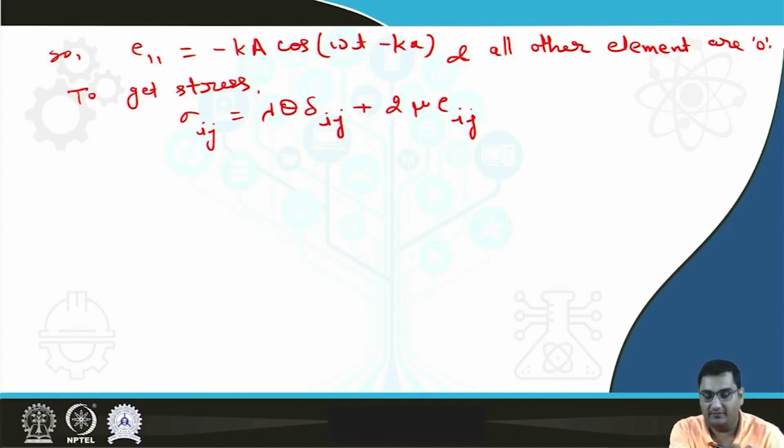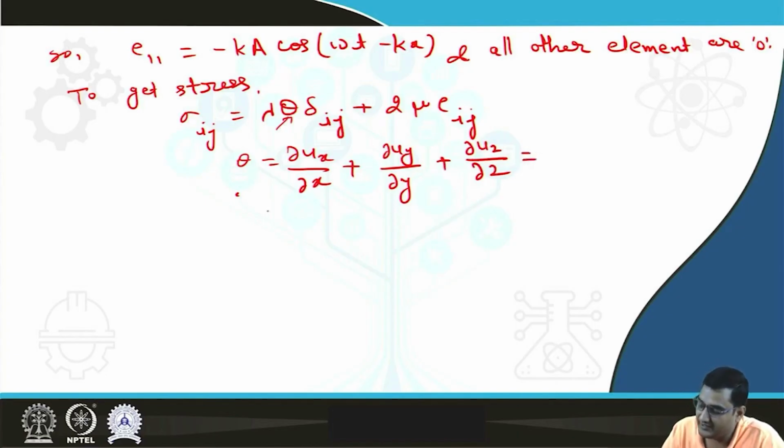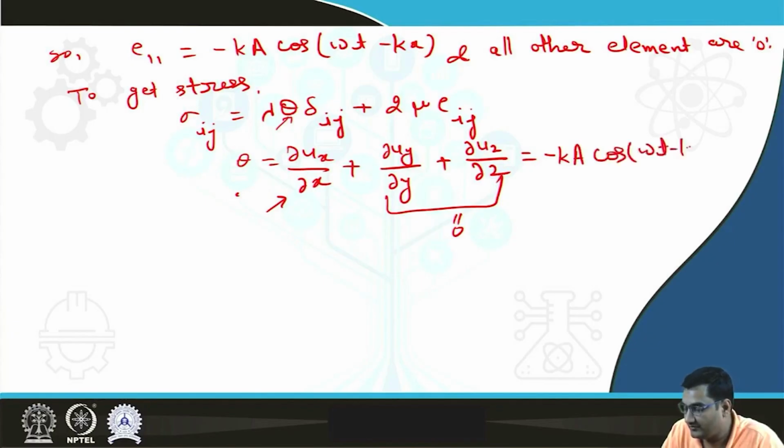For that case we need to calculate theta, which is del ux by del x plus del uy by del y plus del uz by del z. Since only this first component is non-zero and the others are equal to 0, you are left with minus ka cos(omega t minus kx). So this is the stress for case 1.